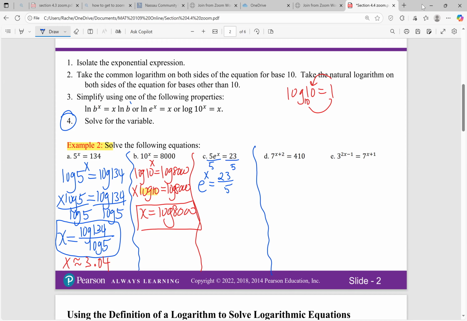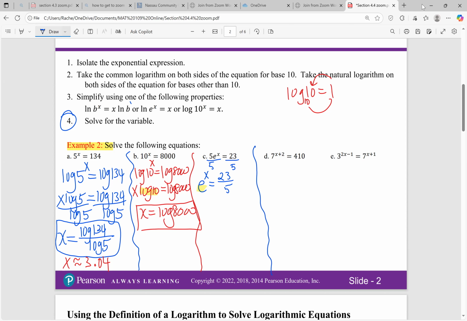Now that I have the exponential expression isolated, now I could take the log of both sides. So we could bring x down to the front by multiplication. But since now my base is e, you see how my base is e? I would use the natural log. Because remember, the natural log, when I press ln on the calculator, the base is e.